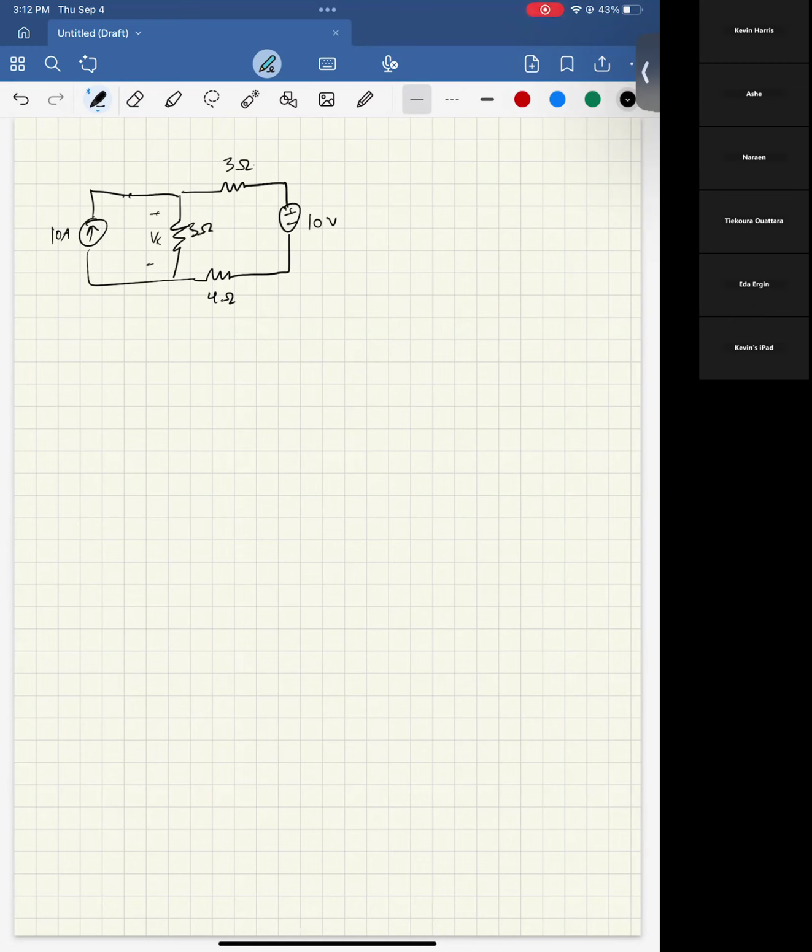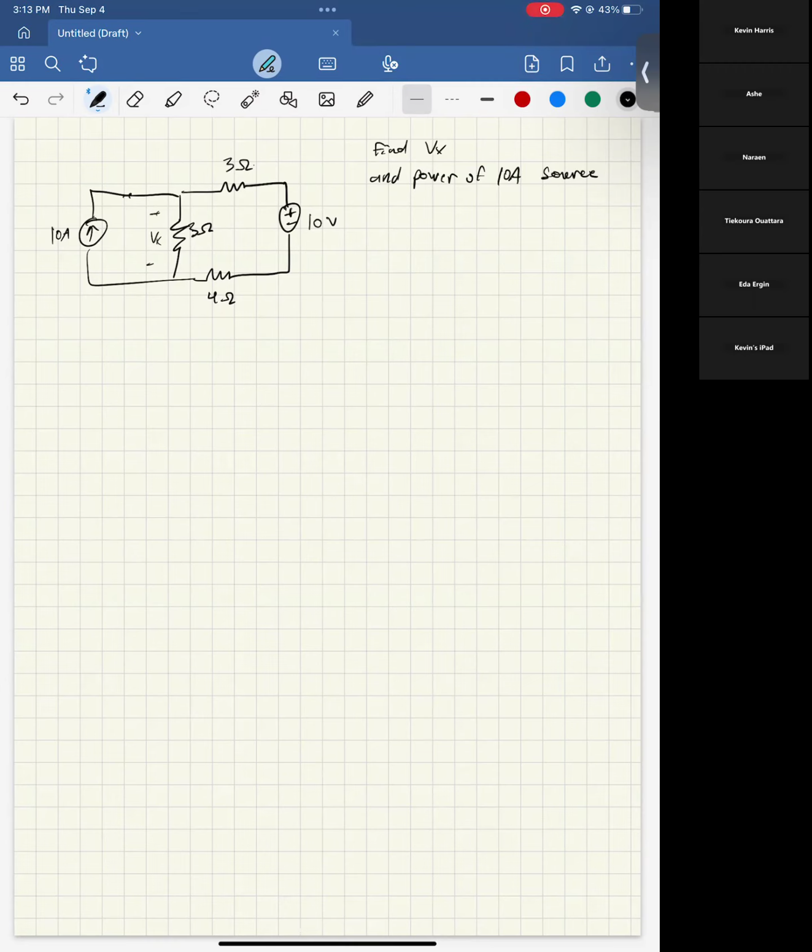This is okay. So this question, you want to find Vx and power of the 10 amp source. So how do we do that? Basically, same thing as every other question. You want to write equations that describe the circuit and then use those to solve for relevant values. And at the point you are in the course right now, that's pretty much just going to come down to using KVL and KCL equations. So we'll start with this pretty much in the same way as we did before.